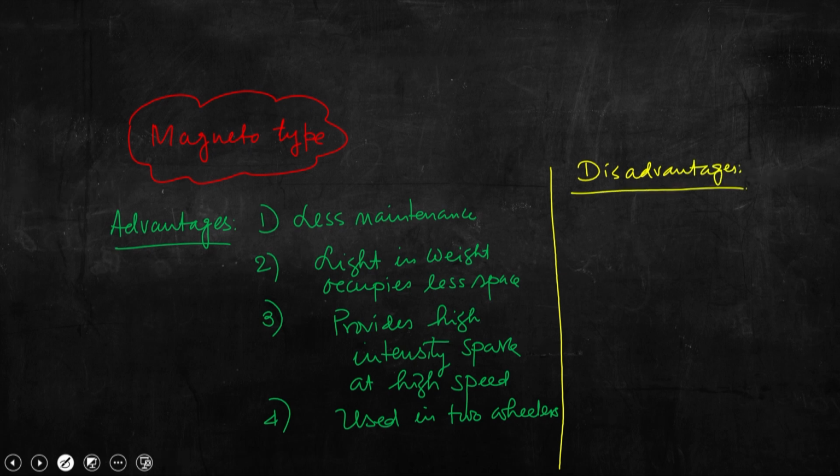I did not draw the schematic depiction, but you know that in the magneto type we need to have some magnets, permanent magnets, and some magnetic current will be produced.